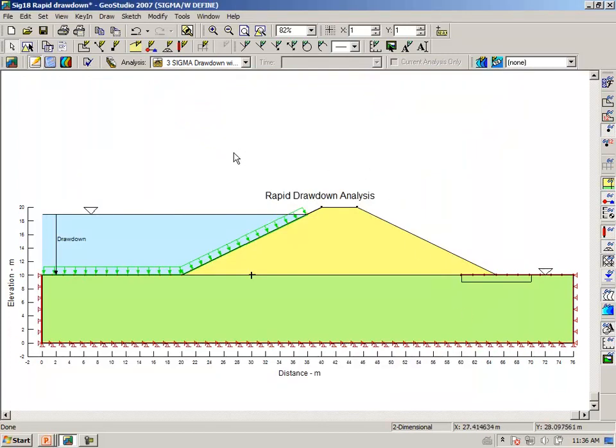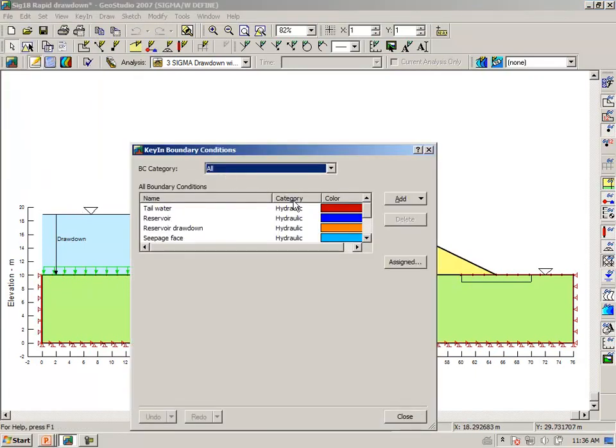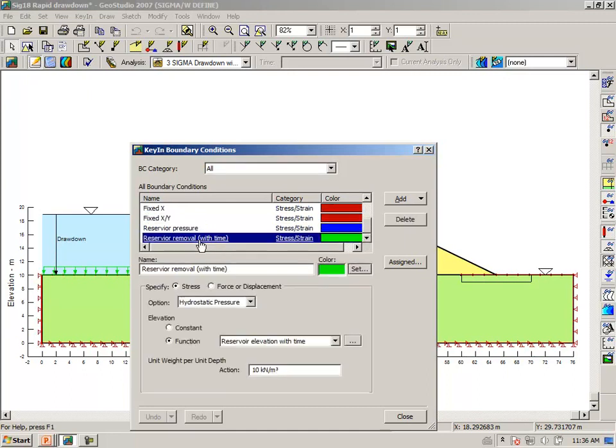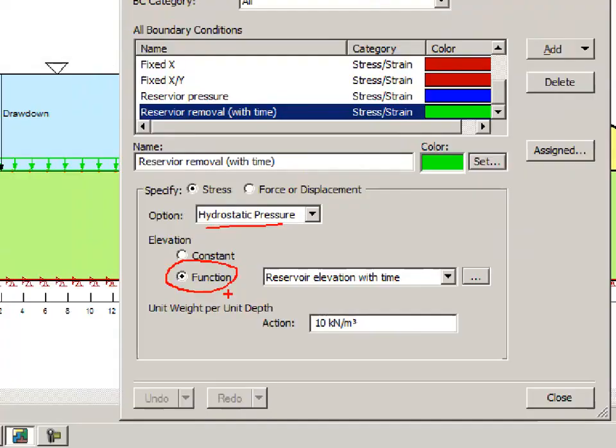Taking a look at the boundary conditions as the reservoir is being taken away, we are removing the reservoir with time. Once again we have a hydrostatic pressure type of boundary condition, and we are going to get the appropriate pressure from a function.